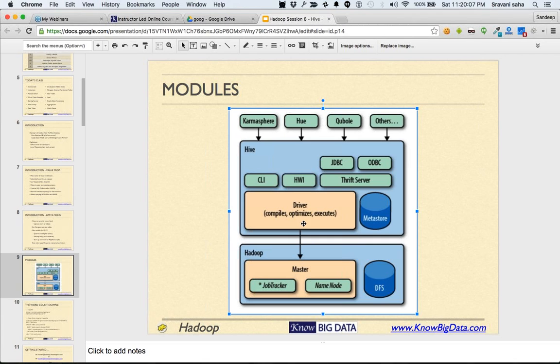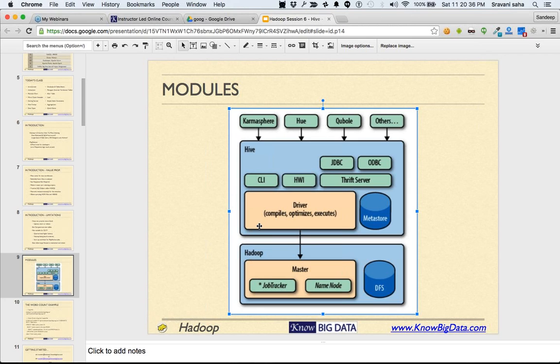All right. Let me describe this diagram. The core component of Hive is something called the driver. The driver talks to Hadoop and gets the queries done. The driver compiles, optimizes, and executes the Hive query language.